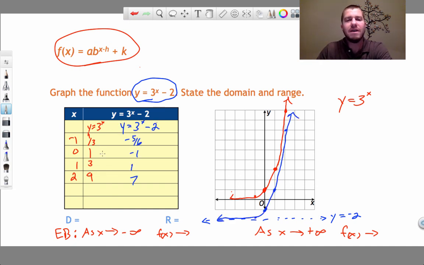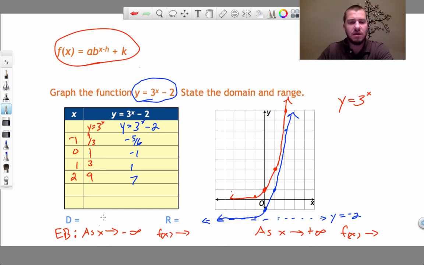When I'm graphing the function y equals 3 raised to the x, minus 2, all these y values are shifting down 2. So this becomes -1, this becomes 1, this becomes 7, and -5/3 here. Then I graph those points, and that's it.